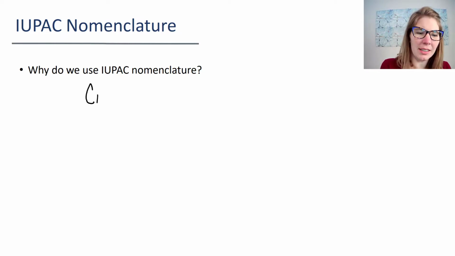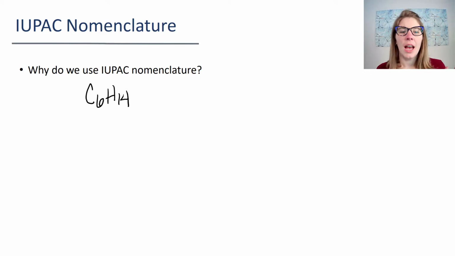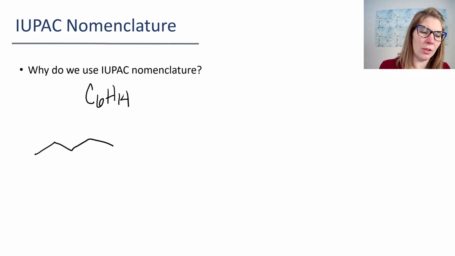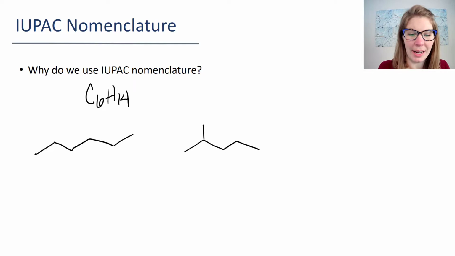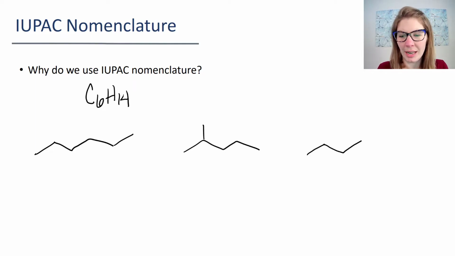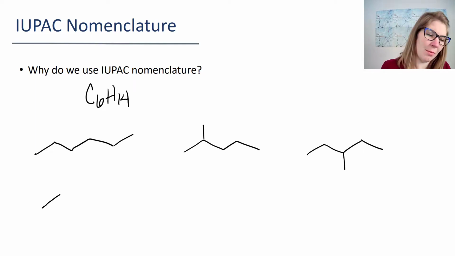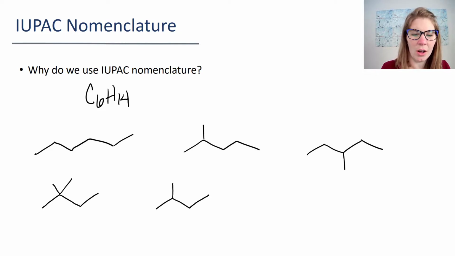So if we look at something like C6H14, and we start to come up with different structures for this, we can have our carbons be in a straight chain. We can also begin to have branching, and we can keep branching, and we can move the locations of the branches. And all of these have the same chemical formula, but they're different compounds.